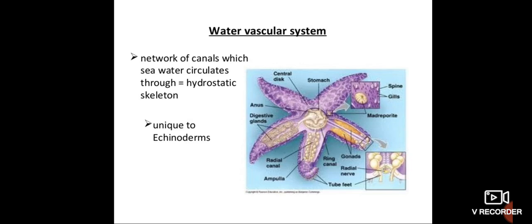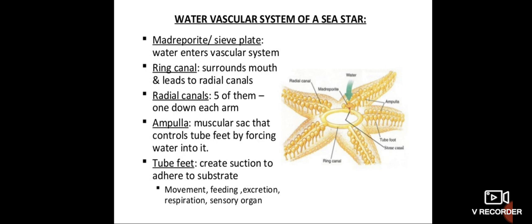There is a network of canals through which seawater circulates, known as hydrostatic skeleton. It is unique to echinoderms. This water vascular system of a sea star shows a central plate known as sieve plate or madreporite, through which water enters the vascular system.